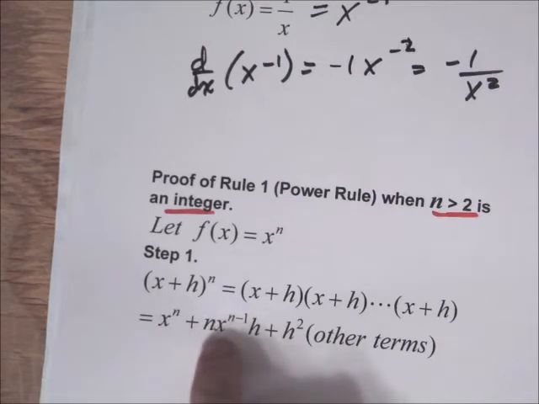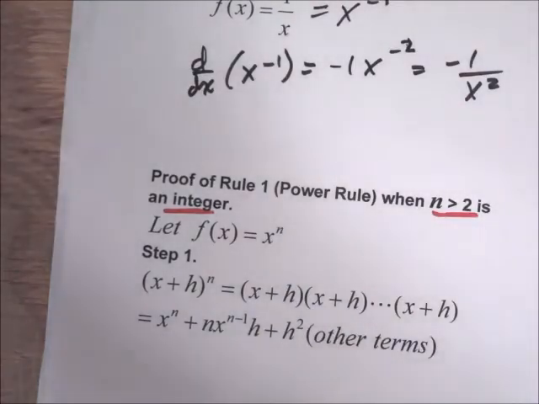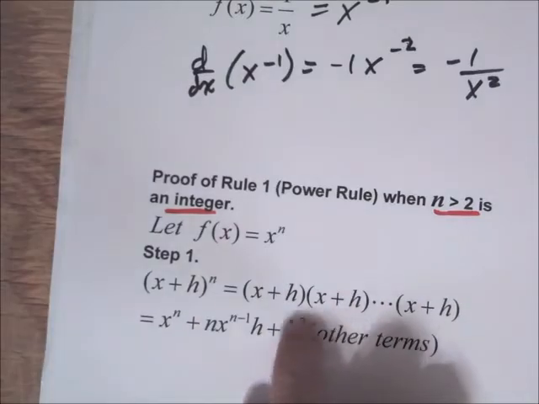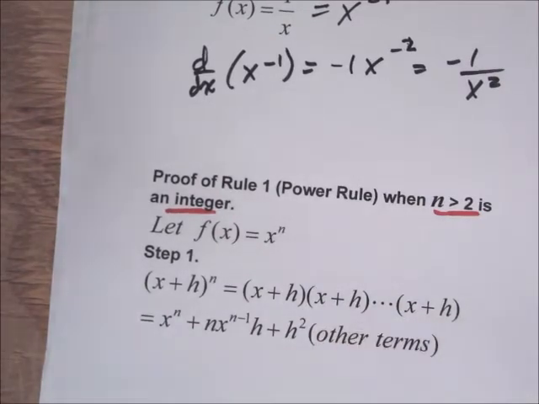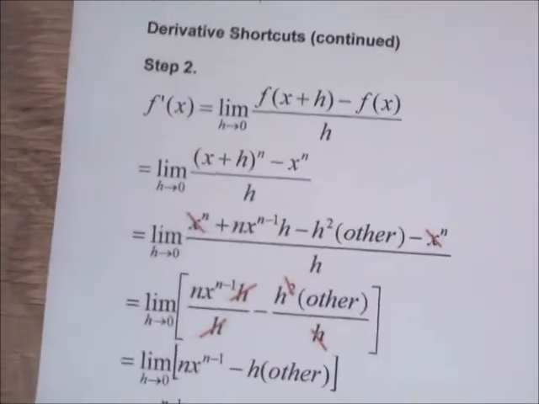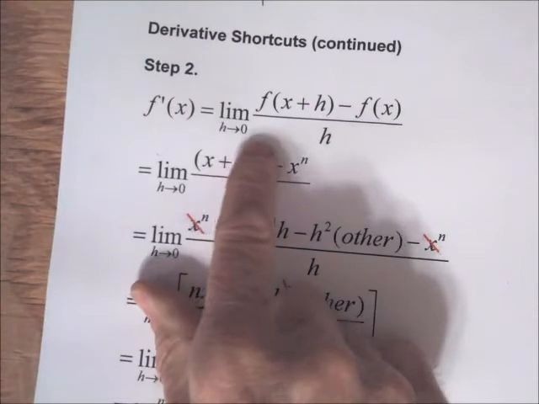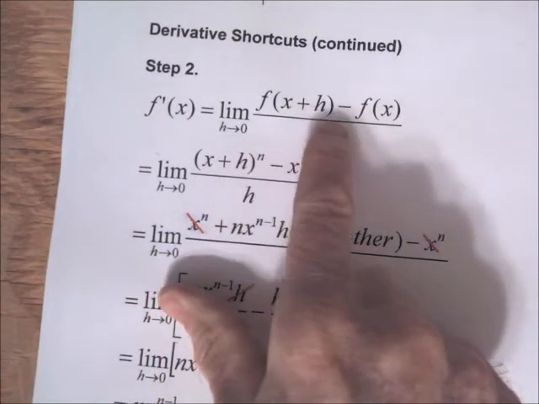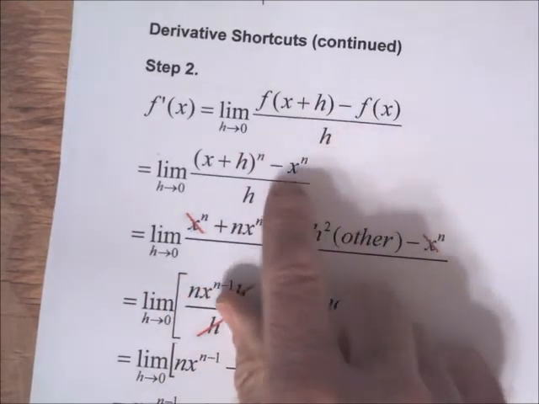So we'll have x to the n plus n times x to the n minus 1 times h, and then the other terms will all have higher powers of h in them. So it would be h squared times some other terms. So if we use the definition of derivative, f prime of x is the limit as h goes to 0 of f of x plus h minus f of x over h.